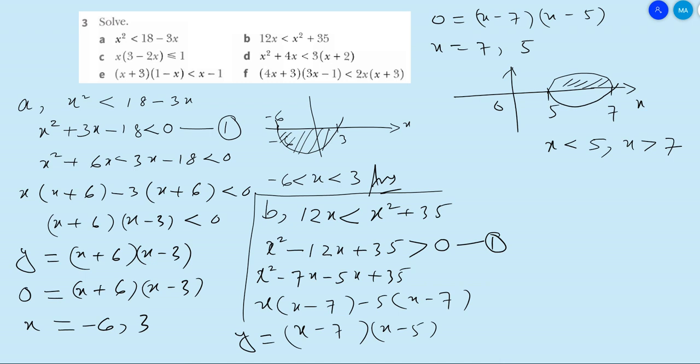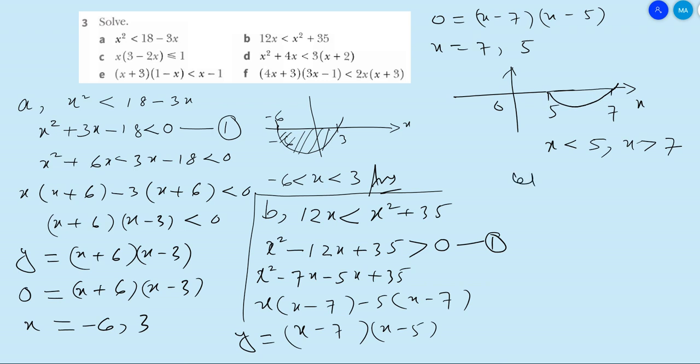I want to show on the graph. This is our curve and we have greater sign, x square minus 12x plus 35 greater than 0. So we need two values, x is less than 5 and x is greater than 7.